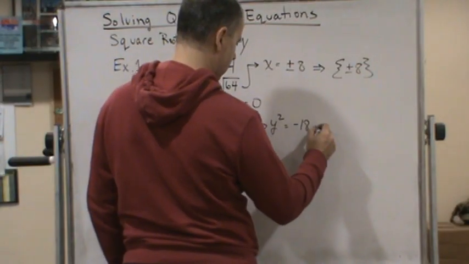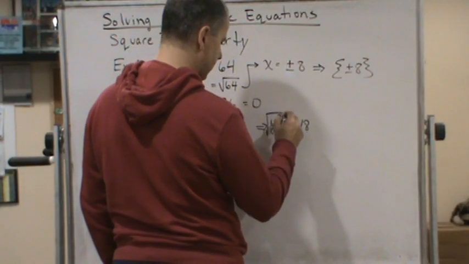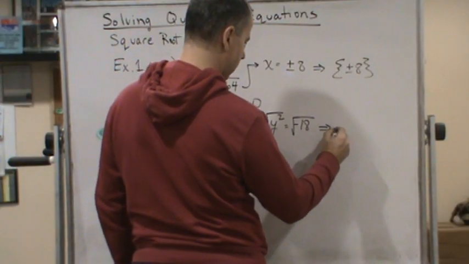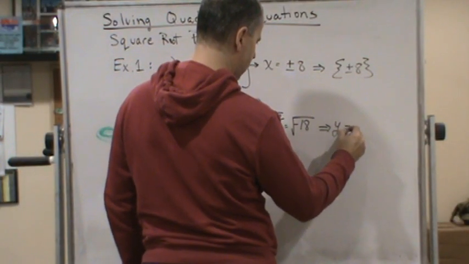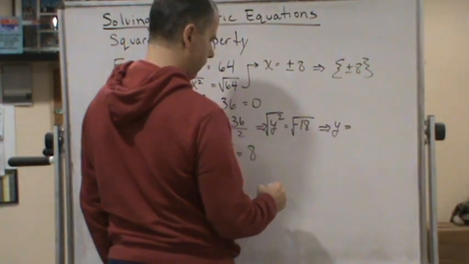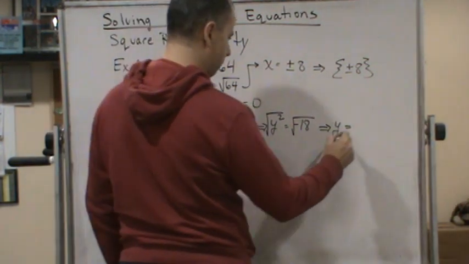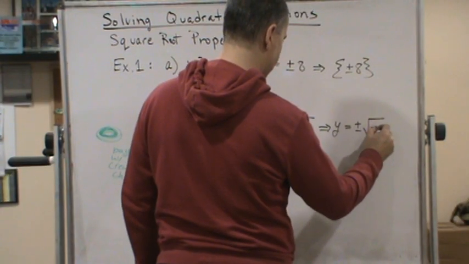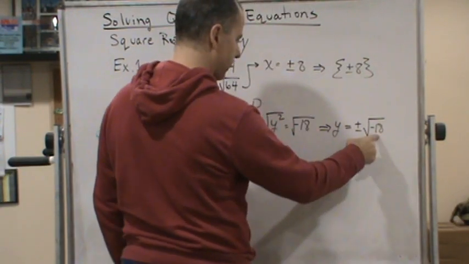So if I take the square root of both sides, I get y equals what? Well, plus or minus the square root of negative 18, but now we have to deal with this.